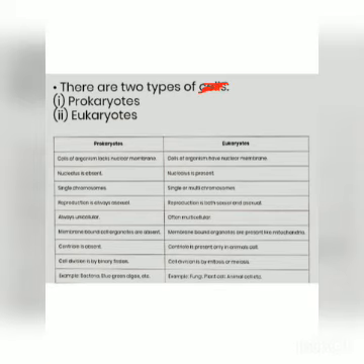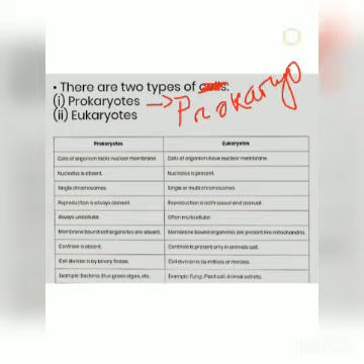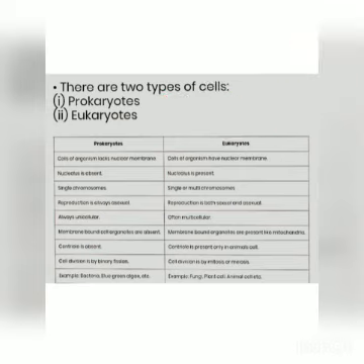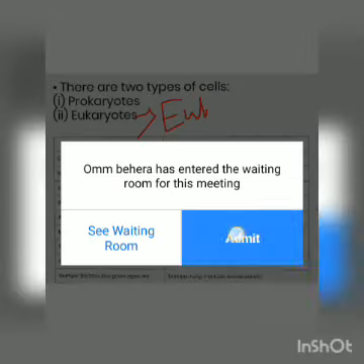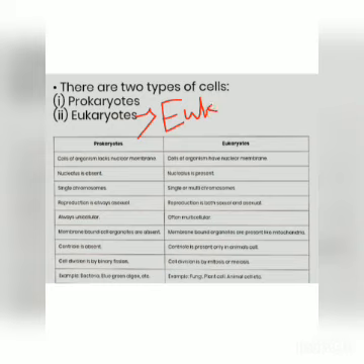Generally the prokaryotes are made up of prokaryotic cells. Prokaryotes are made up of what? Prokaryotic cells. And eukaryotes are made up of eukaryotic cells. Very good.